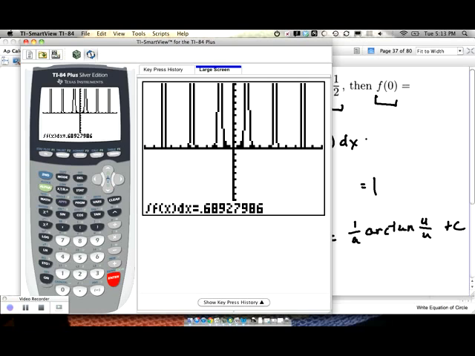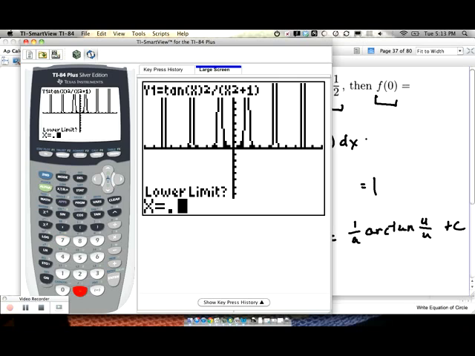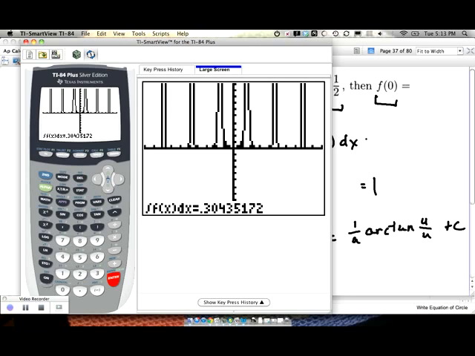If I were to calculate this even more specifically, let's say I went from 0.5 to 1. That gives me 0.304.